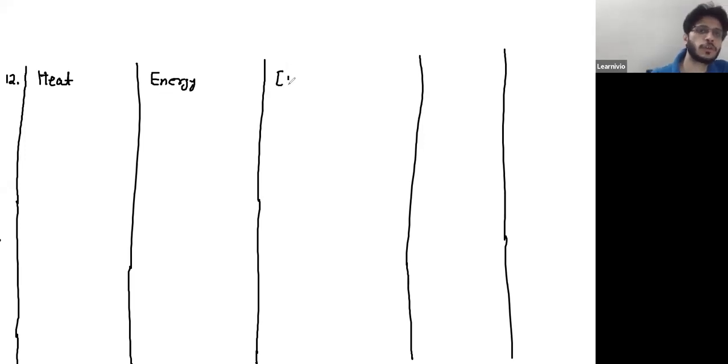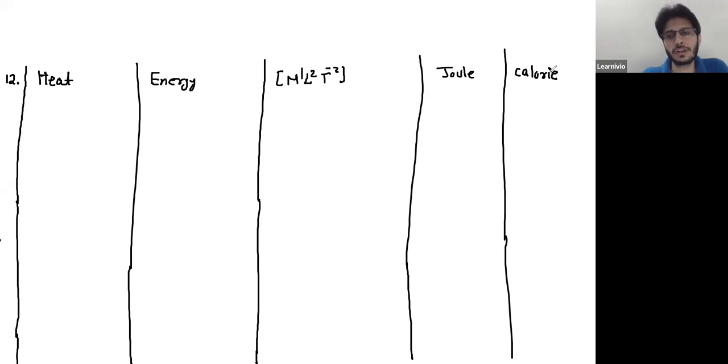The dimensional formula of energy is M1 L squared T minus 2. The SI unit is joule. The CGS unit of heat energy is calorie. All other types of energies have the CGS unit erg, but particularly for heat energy, the CGS unit is calorie.